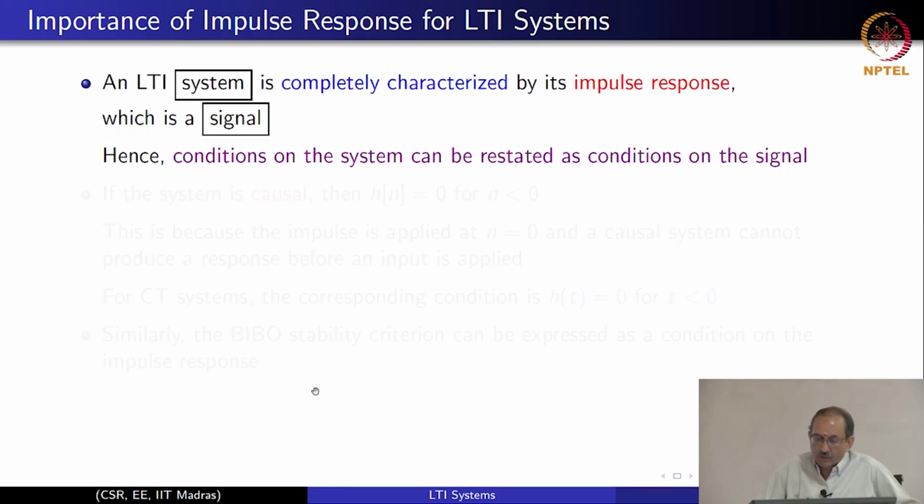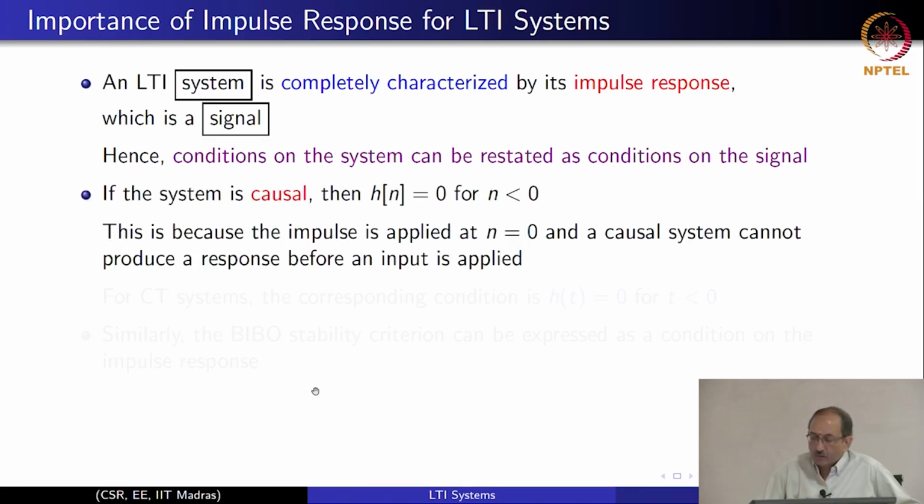So, now coming back to some of the conditions on the system being translated as conditions on the impulse response. One of the most important things is causality. So, if the system is causal, then h of n must be 0 for n less than 0. This is because the impulse is applied at n equal to 0.